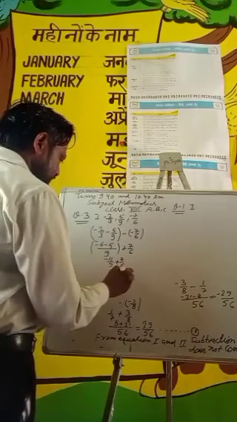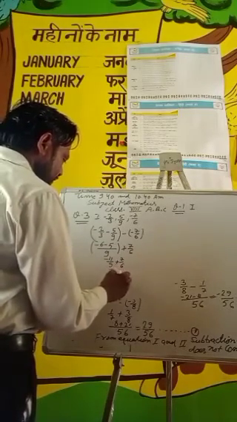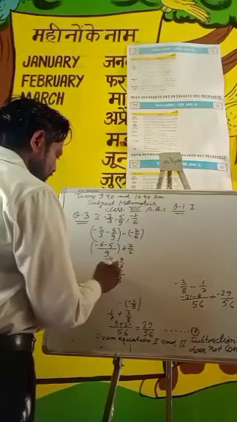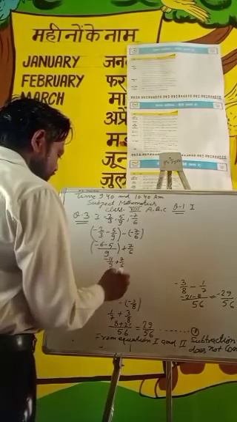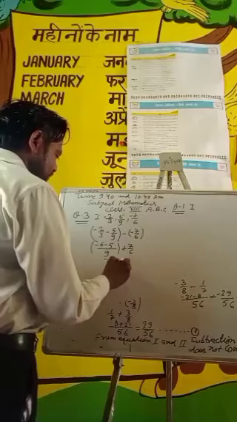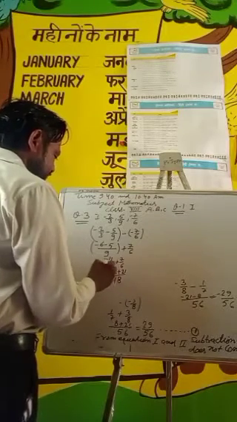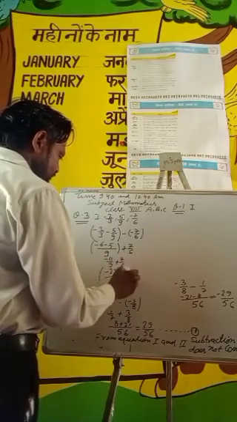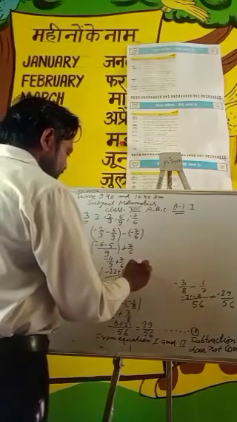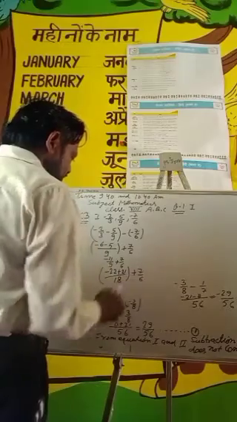LCM is 18, 22, 6 3s are 18, 7 3s are 21, plus 7 upon 6.